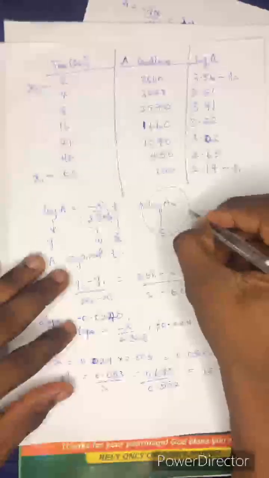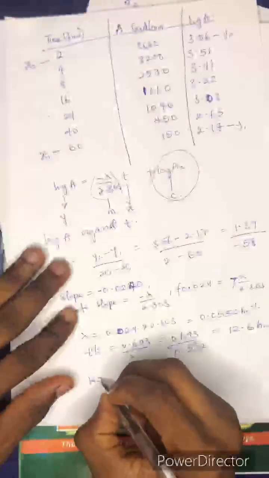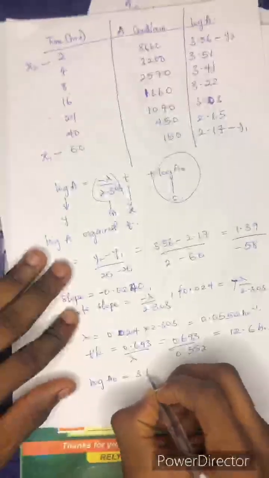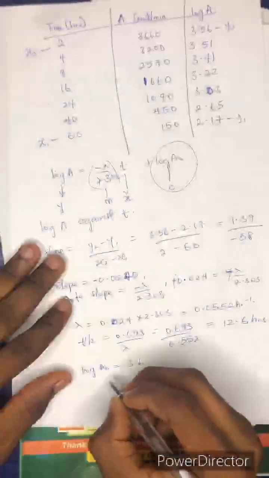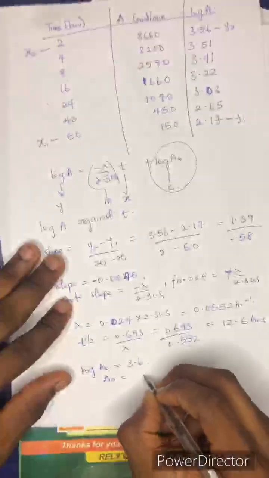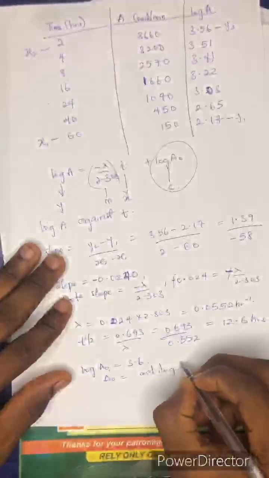And don't forget, I told you that this is your intercept. So if log A0 is equal to 3.6, A0 is the initial. What do you have to do? You take the antilog. So antilog of log A0 equals A0 equals antilog 3.6.